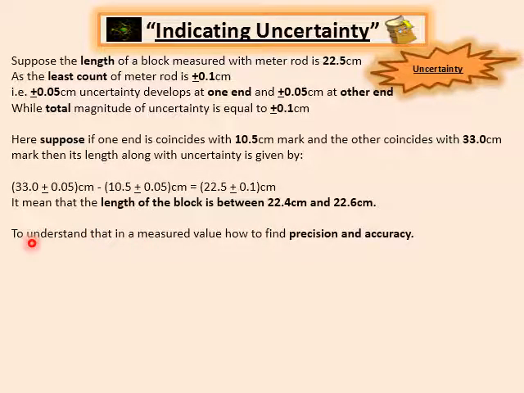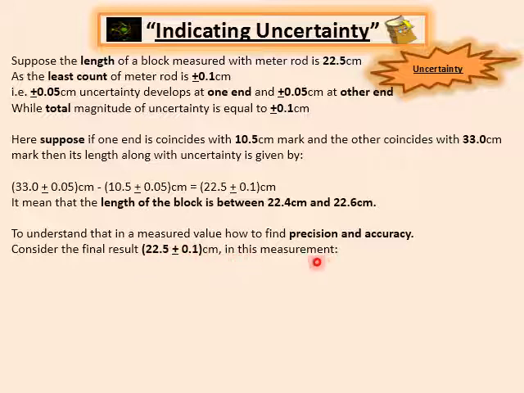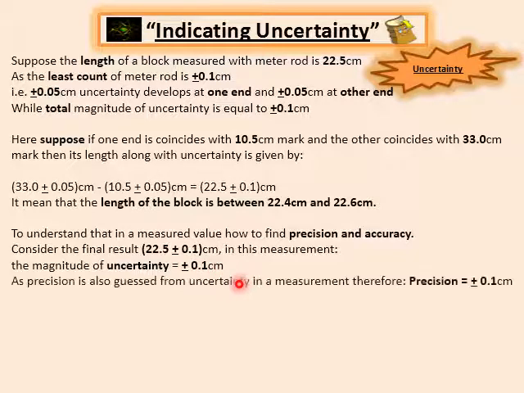Now to understand in a measured value how to find the precision and accuracy, consider the final result 22.5 plus minus 0.1 centimeter. In this measurement, the magnitude of the uncertainty is plus minus 0.1 centimeters.